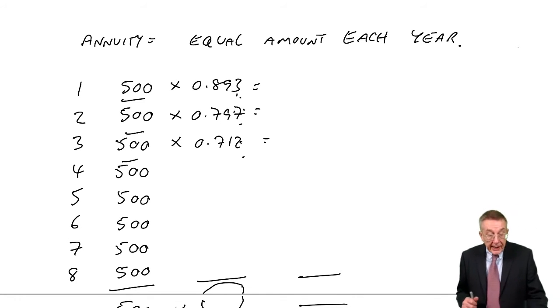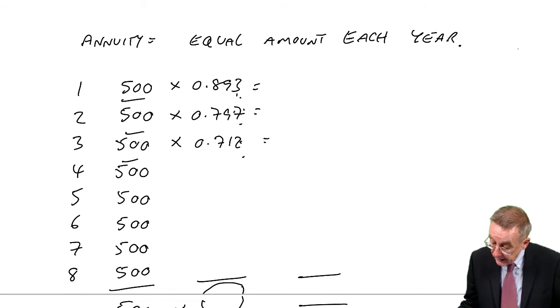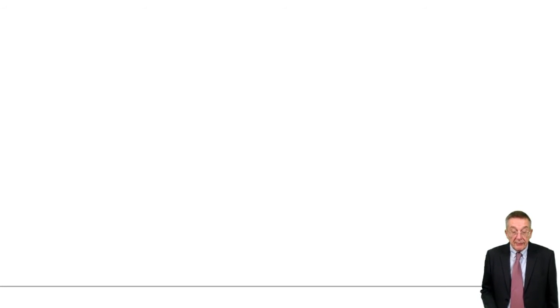Okay, just one little trick that can be played on you, and be careful here. Look at example 8. A man expects to receive 1,000 in each of 9 years, with the first receipt being in 4 years' time.